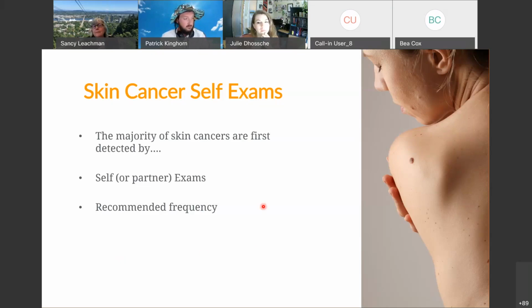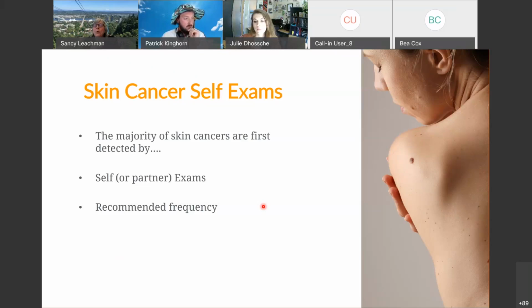And we usually recommend that you do one of these exams once a month. And what I say is think about something that you do once a month. Do you have a bridge game that you play once a month? Do you have an evening out with your friends that you do once a month? Do you pay your mortgage once a month? What is a thing that can trigger you to remember, that you associate your skin exam with, so you don't forget it once a month?